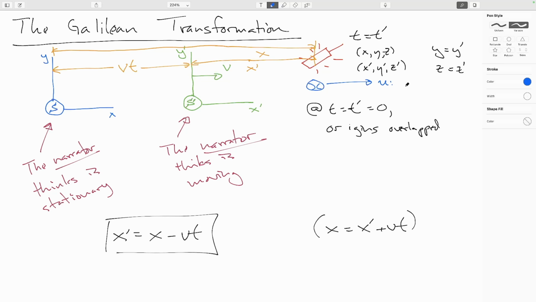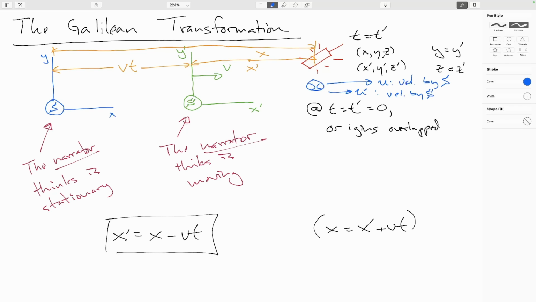So u will be the velocity that s measured. Now, s would say that s prime is chasing after the baseball, so s prime would say that our baseball is going slower. So this would be u prime, and that would be the velocity measured by s prime.